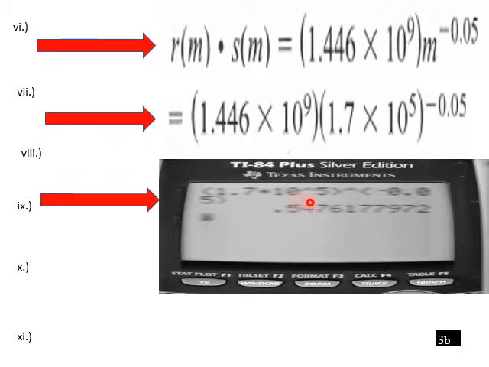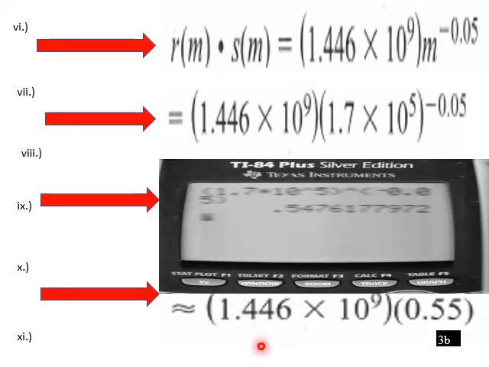This is how it looks on a calculator when you enter this in. So we have 1.446 times 10 to the 9th multiplied by this, to the negative 0.05.